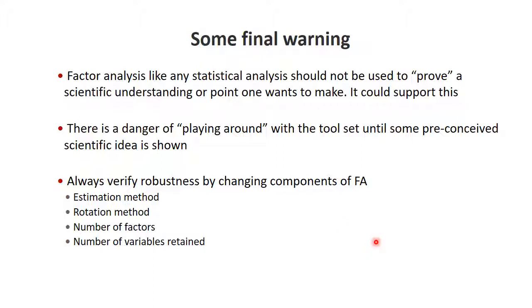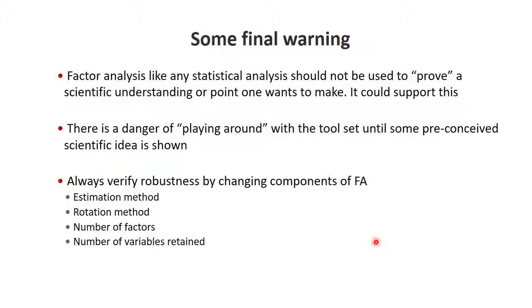So some final warnings: factor analysis is great, but there are a lot of things that can go wrong. As I mentioned before, it should not be used to prove anything. It should just be used to enhance scientific understanding, because it's easy to say we have some data, we see correlation, therefore we have causation. This is the same correlation-causation problem. So factor analysis should be used to support understanding and possibly discover something that was not discovered before.